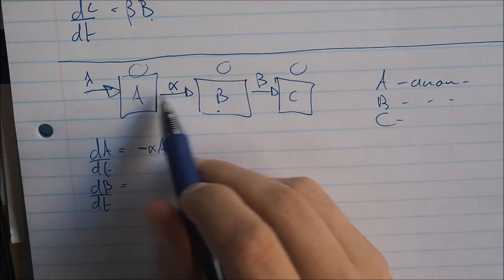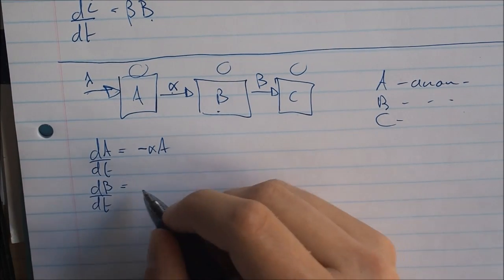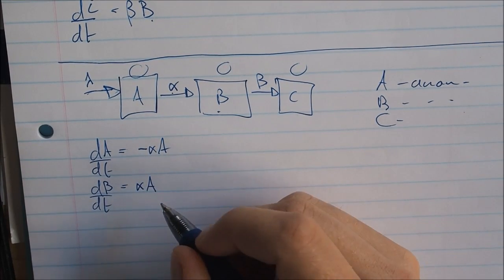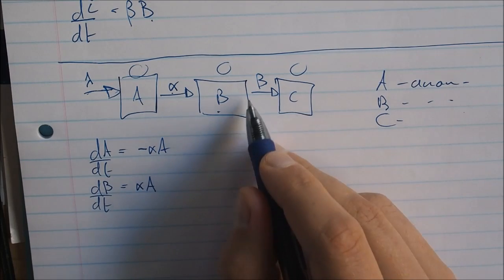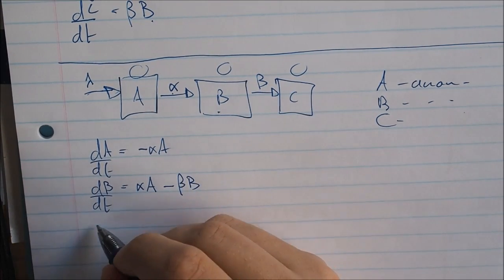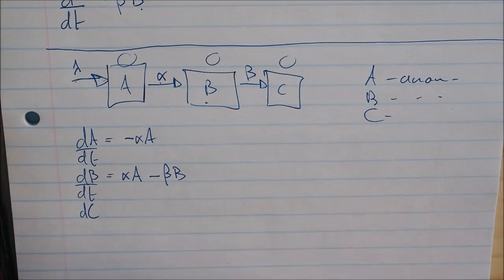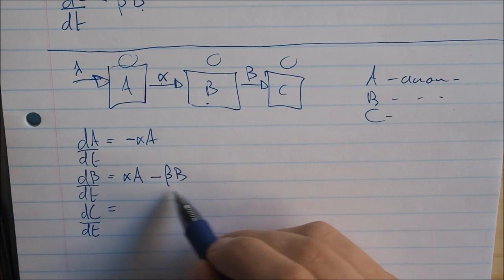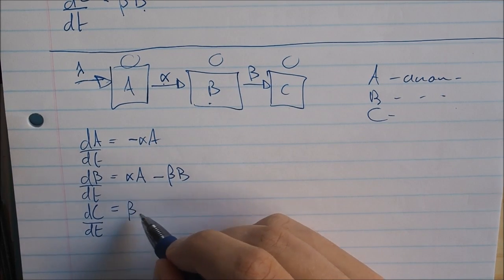Whatever leaves A must go into B, so you have that term that balances, minus alpha A plus alpha A. And then whatever leaves B is this arrow here, so it's going to be minus beta B, just as we had before. And finally dC by dt is equal to whatever's leaving B, which is going to be beta B.